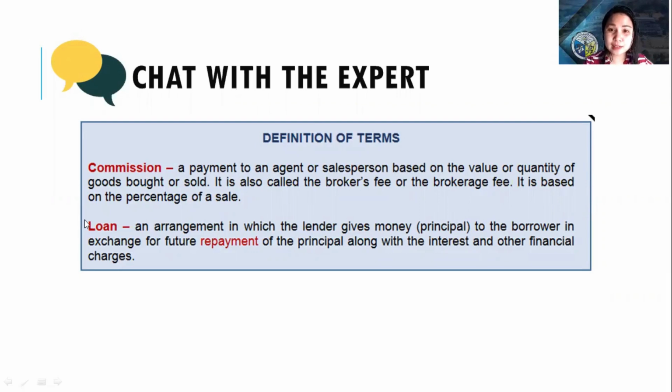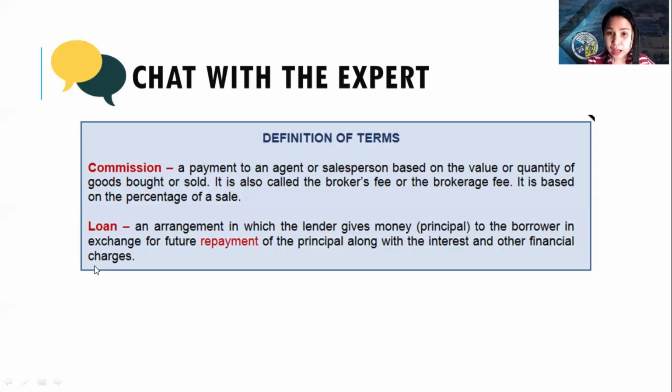The next is loan. What is a loan? A loan is an arrangement in which the lender gives money to the borrower in exchange for a future repayment along with an interest and other financial charges. In our layman's term, we call it utang. But you know what?